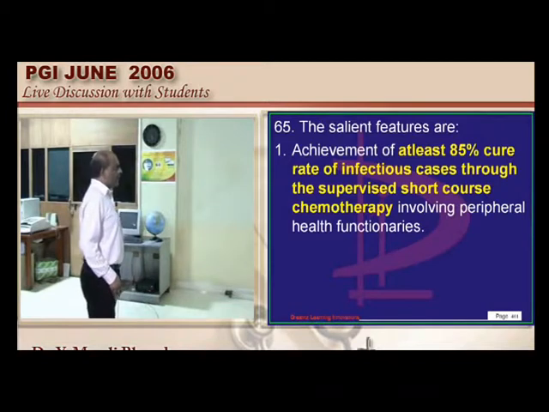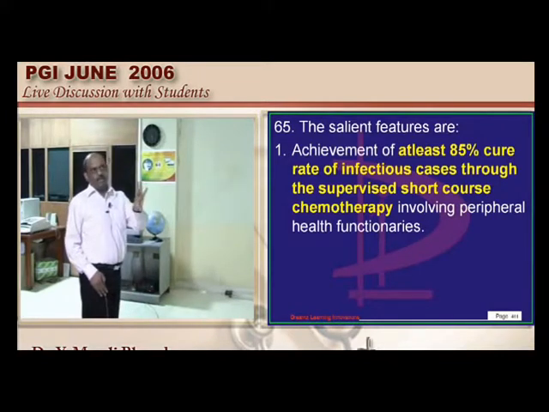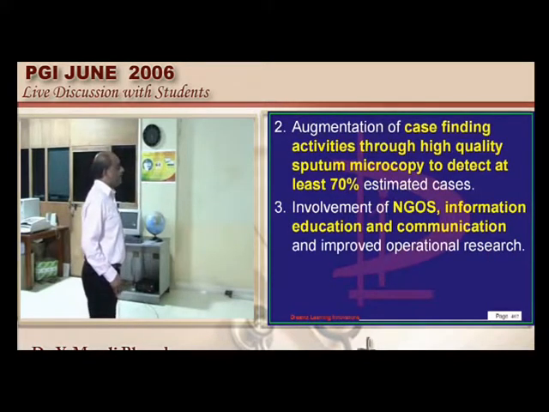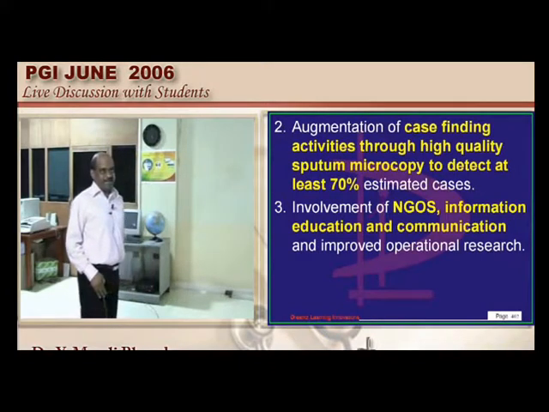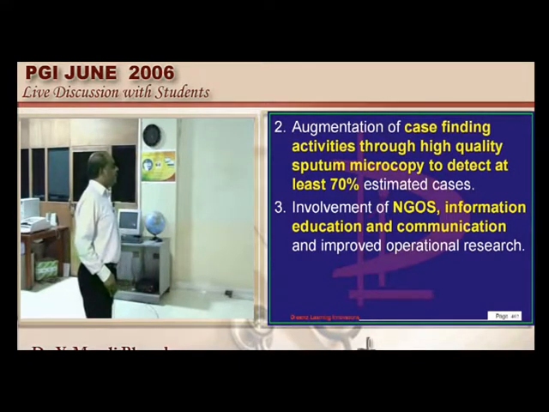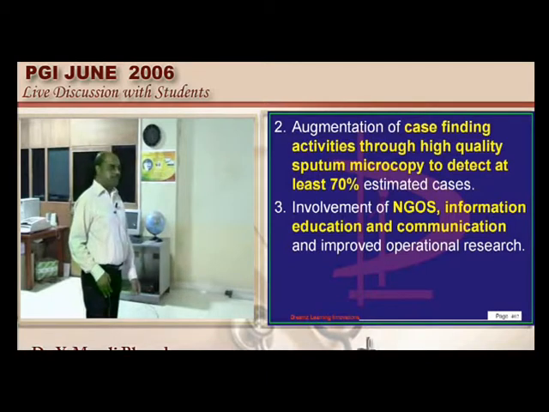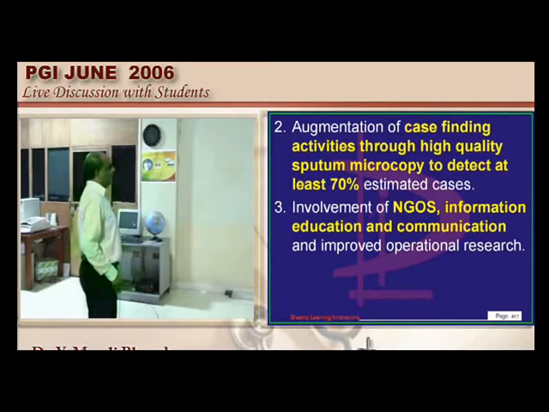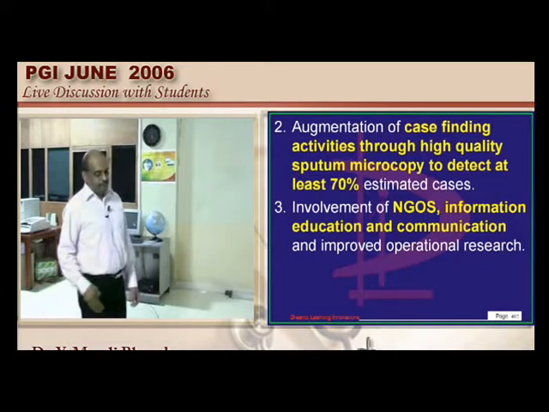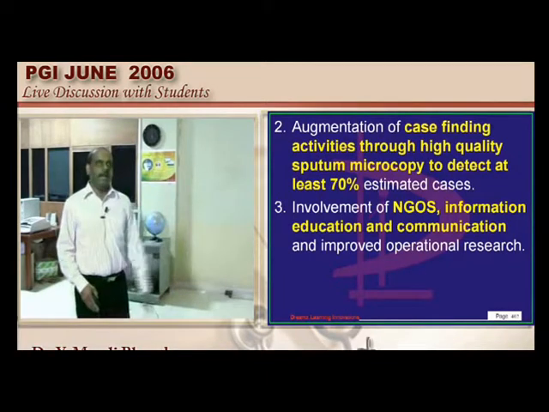Then case finding activities must be aggressive. Sputum must be examined to detect at least 70% of estimated cases, and non-government organizations must take part. You need to associate with them. Some of you may start NGOs after your MD.